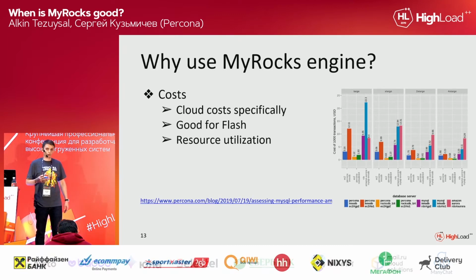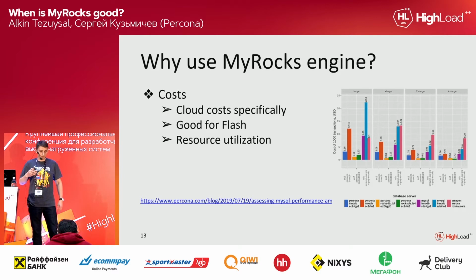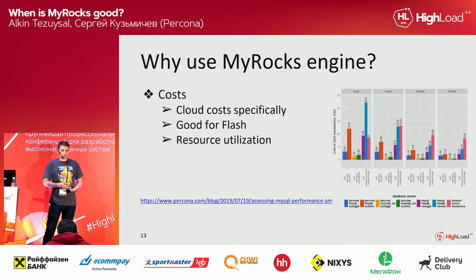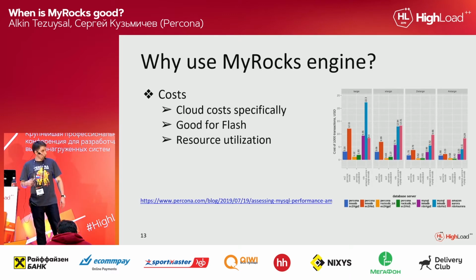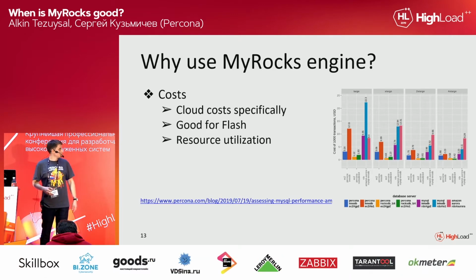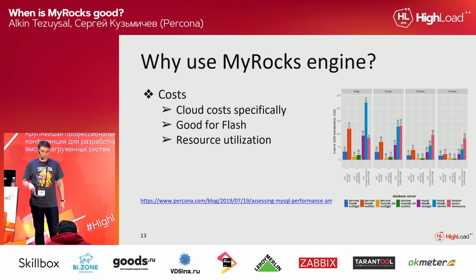And that is important for you. You are not Facebook, but you maybe use cloud. And in cloud, you pay for the disk, you pay for everything. So if you can use resources more efficiently, you will pay less. Percona did some assessment on different MySQL flavors and on RDS, for example, and MyRocks actually comes out pretty well.